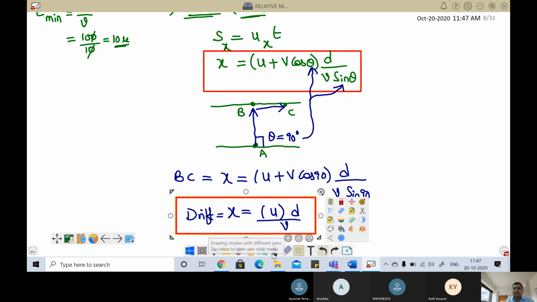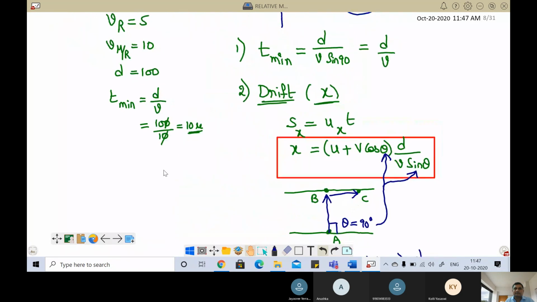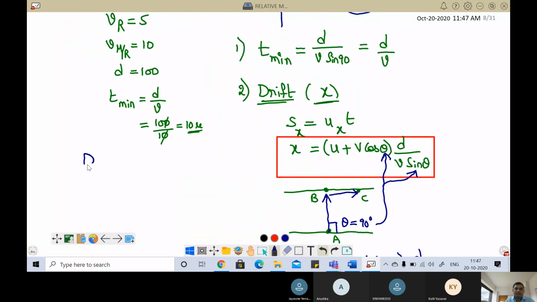Now tell me, what is the drift in this case, with the values? Just now I gave the formula, drift when you cross in the minimum time. What is the formula? Just now we got u into d by v.